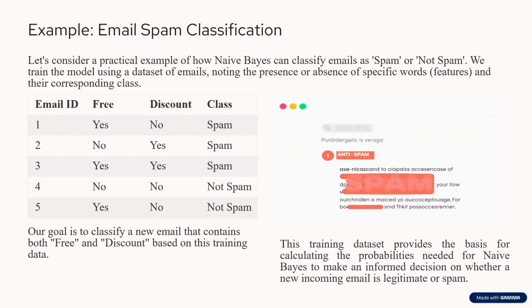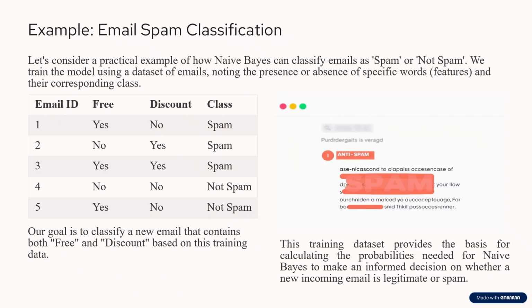For example, if you go for email spam classification, we apply Naive Bayes to classify the email as spam or not spam. We have a data set of emails, noting the presence or absence of specific words, which are called features, and the corresponding classes.